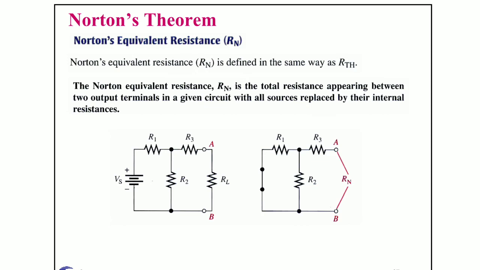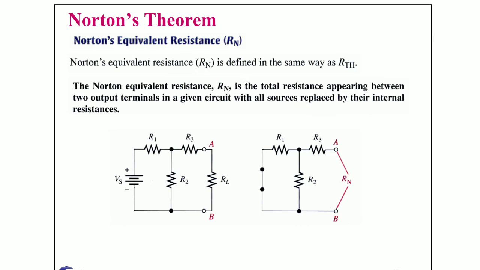The whole Norton's resistance is seen by the terminals A and B. Here R1 and R2 are in parallel, and this parallel combination is in series with R3.